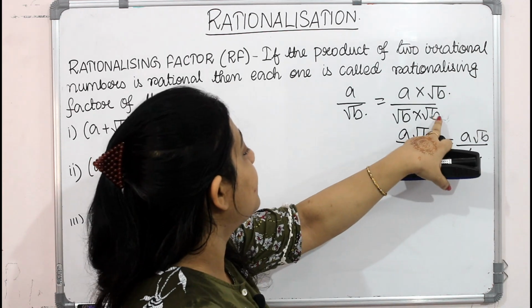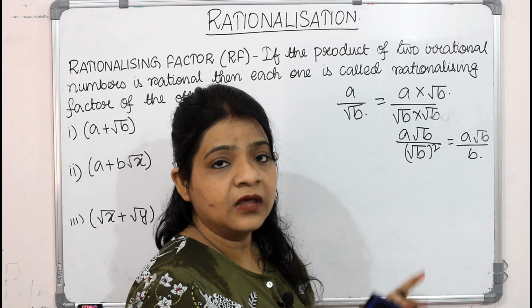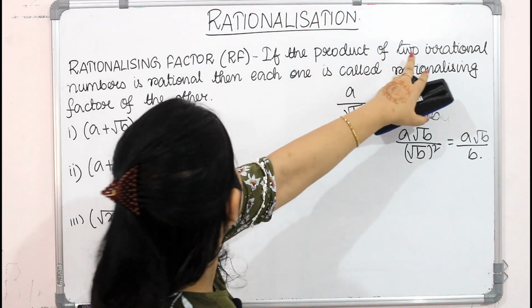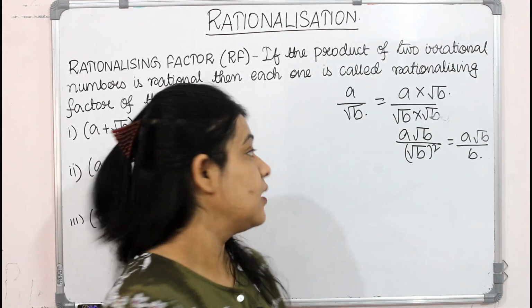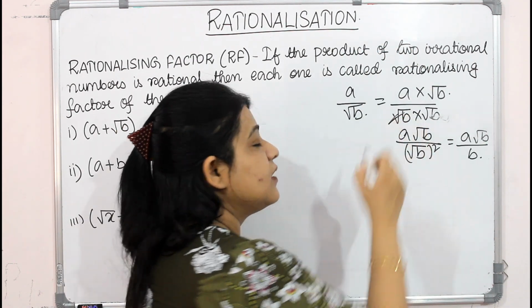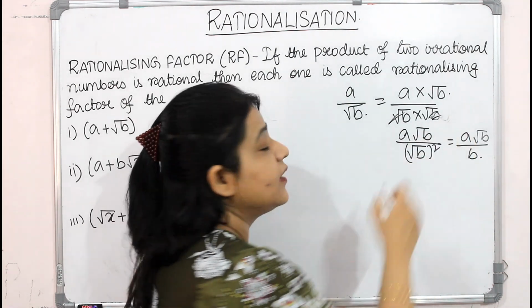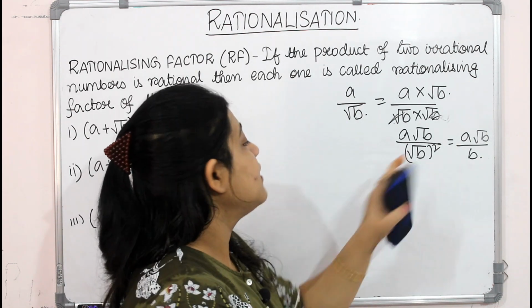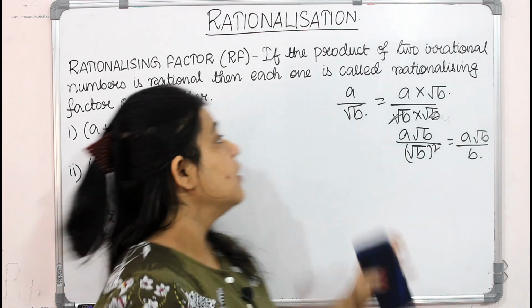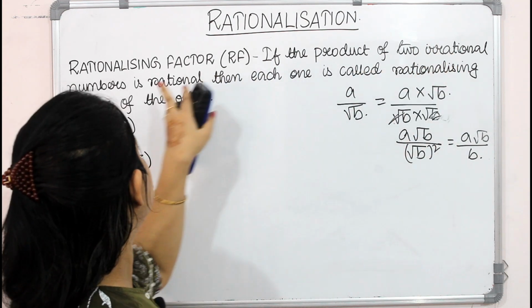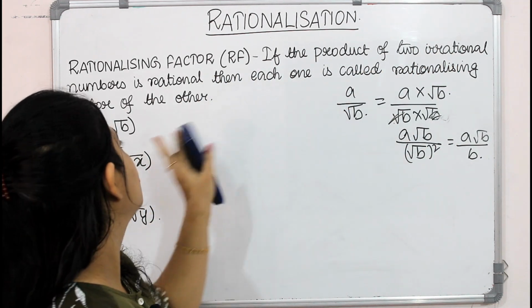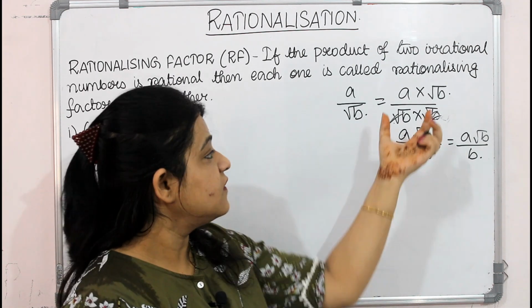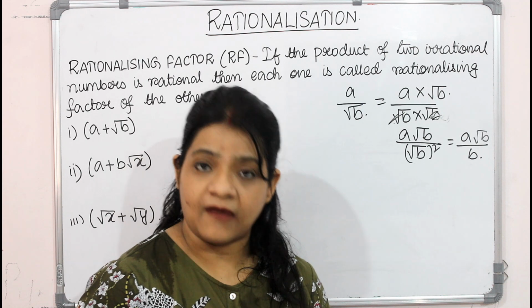Since you are multiplying root b with root b, one is called the rationalizing factor of the other. If the product of two irrational numbers is rational, yes, this is an irrational number, this is also an irrational number, you are multiplying the two irrational numbers and you are getting a rational number. Then each one is called the rationalizing factor of the other. So this is how we find the rationalizing factor.